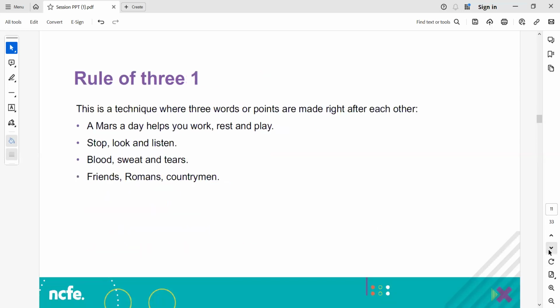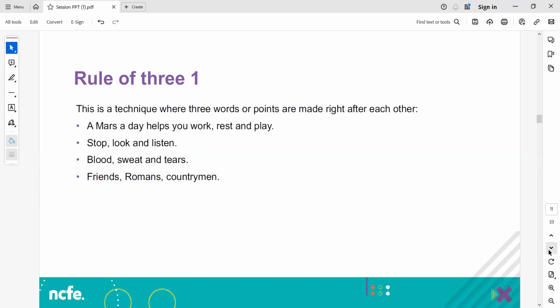Okay. The rule of three. So the rule of three is a technique where three words or points are made right after each other. So if we look at these examples, a Mars a day helps you work, rest and play. Stop, look and listen.